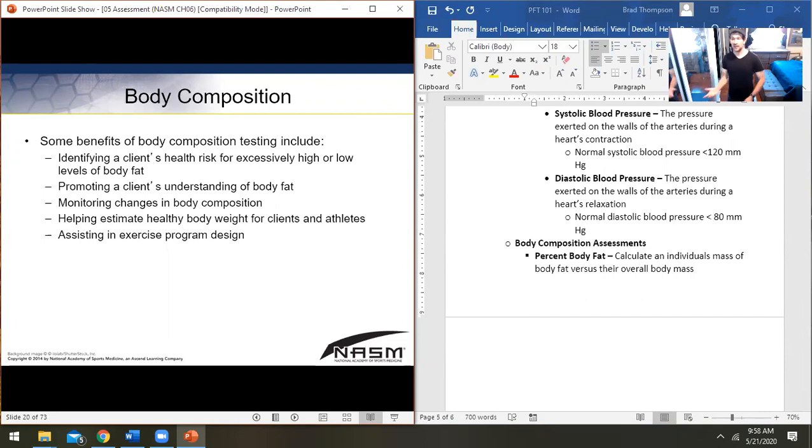The fat that's trapped underneath your skin, if you pinch your biceps, that's not just skin. There's other tissue there as well. The same thing is true of the triceps. That's your subcutaneous fat. We can pinch that and measure your skin fold thickness, which gives us a good estimate for somebody's body fat percentage.